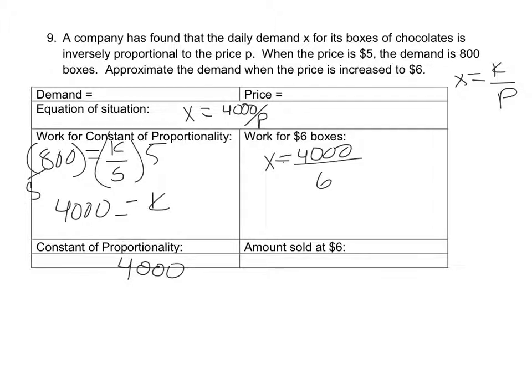The amount sold at $6 is, you would sell approximately 667, because you can't sell a part of it, so I rounded up. Okay, 667 boxes.